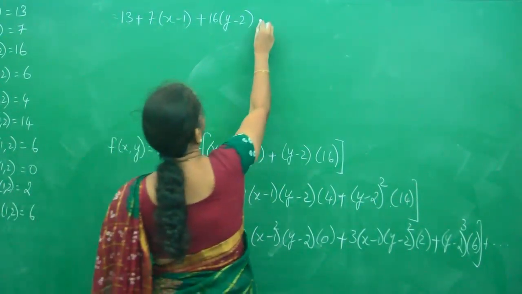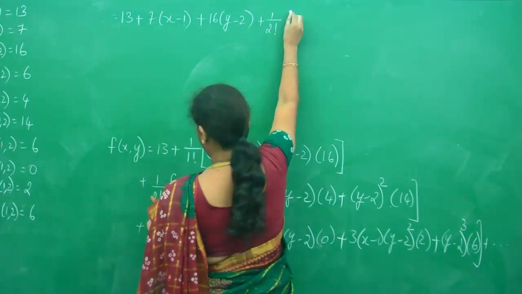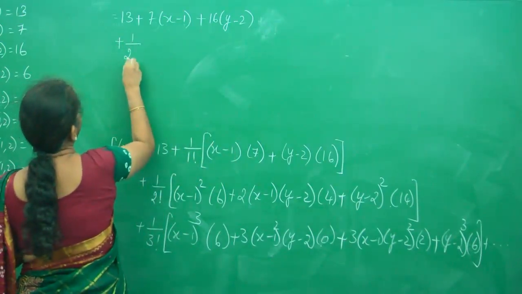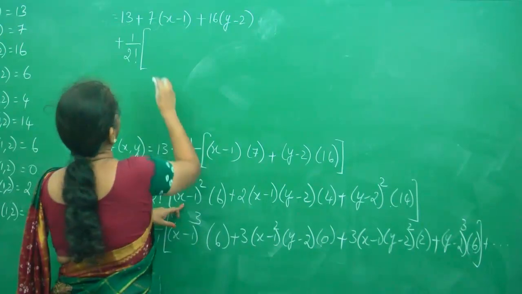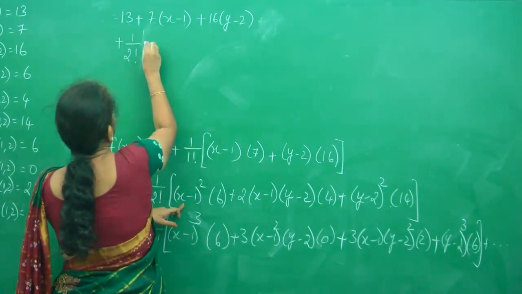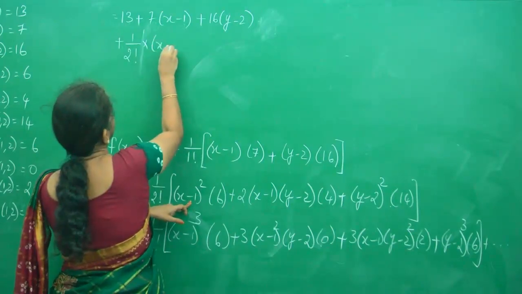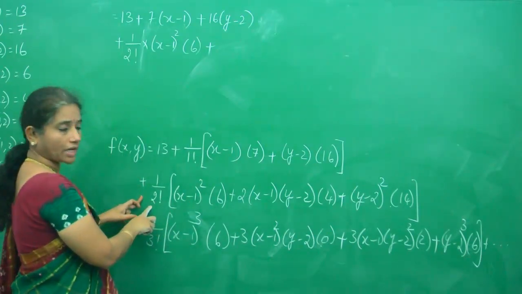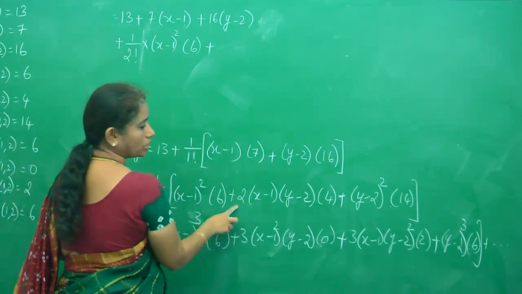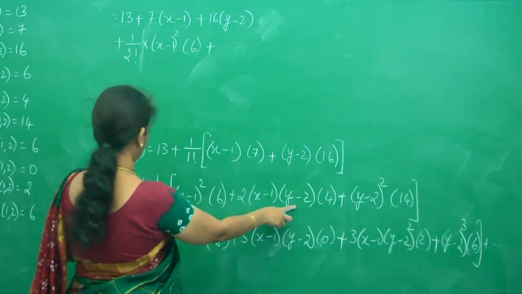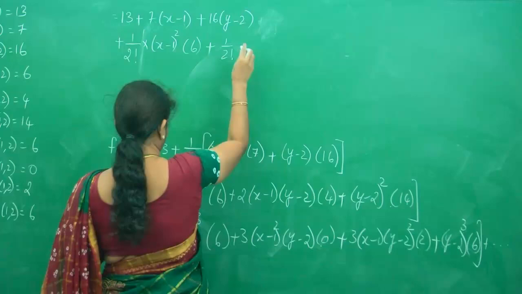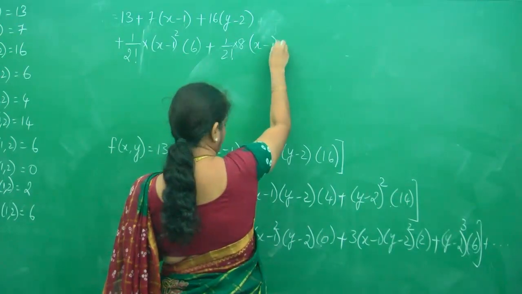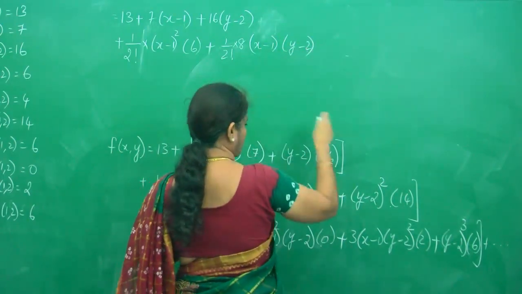1 by 2 factorial into, I told you to write it in the next line, so I will also do the same thing, x minus 1 whole square into 6, plus 1 by 2 factorial into 4 into 2, which is 8, into x minus 1 into y minus 2.